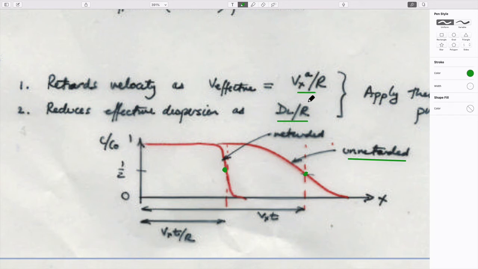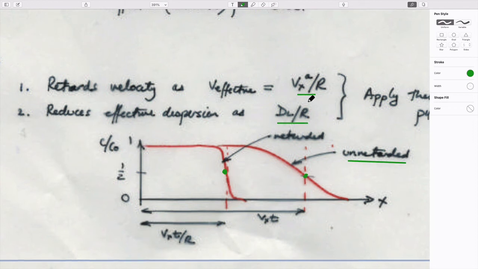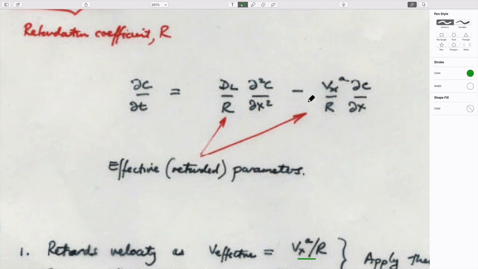And so the bottom line is that you could use all of the equations that we talked about in 3.2 that take this advection dispersion equation, but instead of using the dispersion coefficient and advective velocity, you just substitute into those equations the dispersion coefficient divided by retardation and the velocity divided by retardation as well.